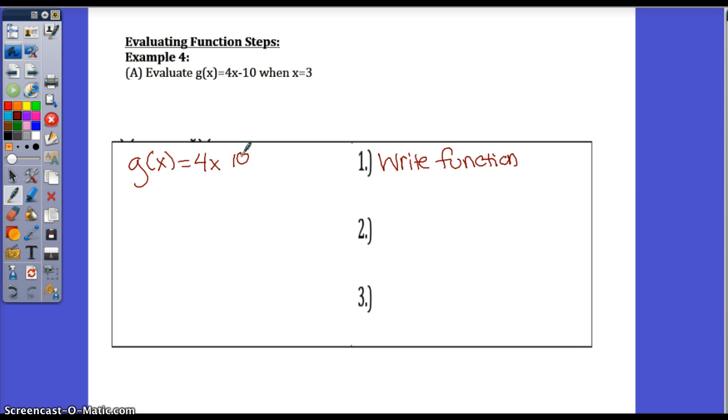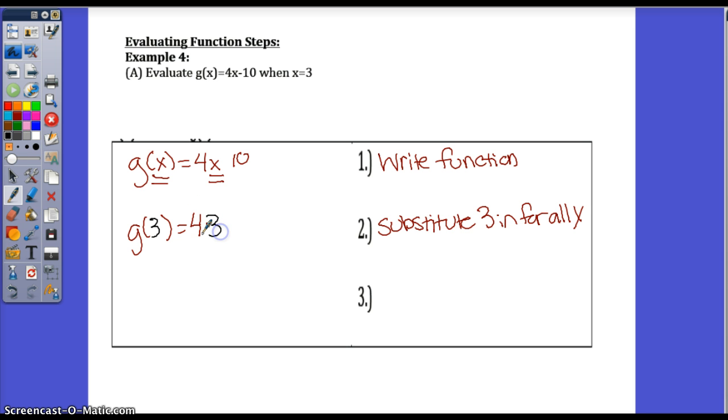The second thing you're going to do is substitute 3 in for all x. So you'll plug it in here, you'll plug it in here. So you have g of 3 equals 4 times 3 minus 10. Last but not least, you simplify.